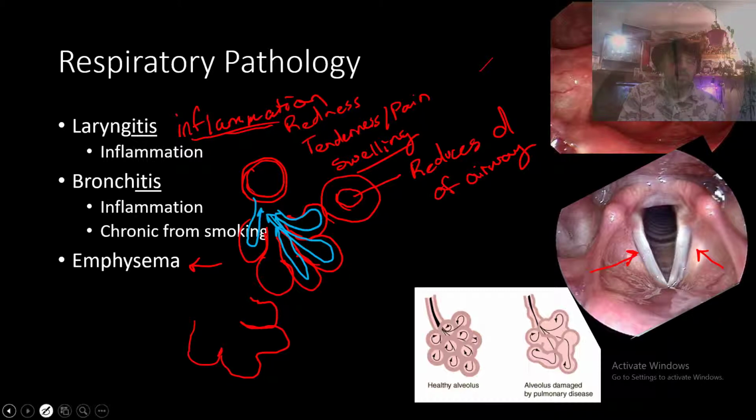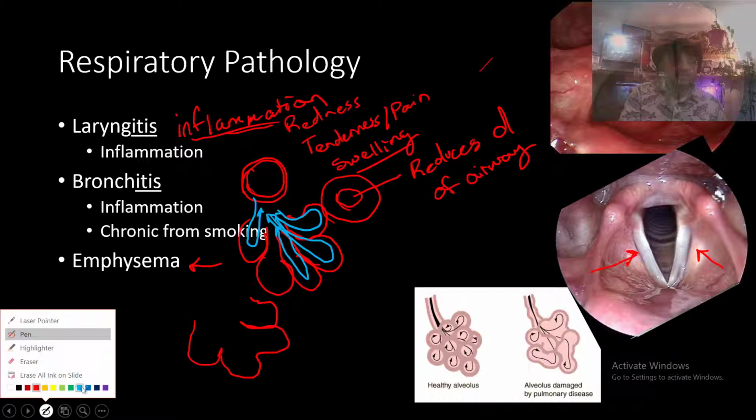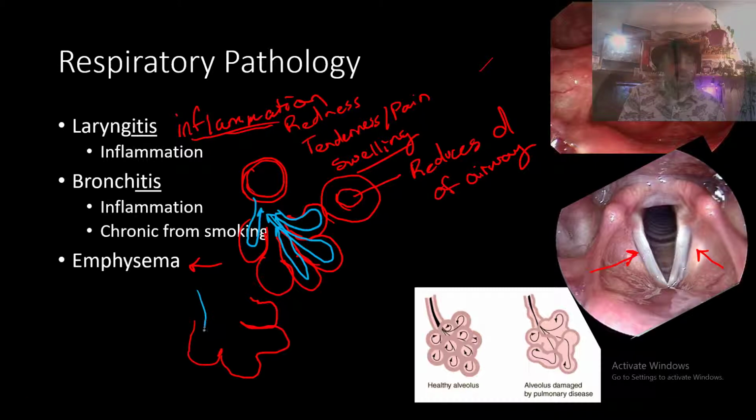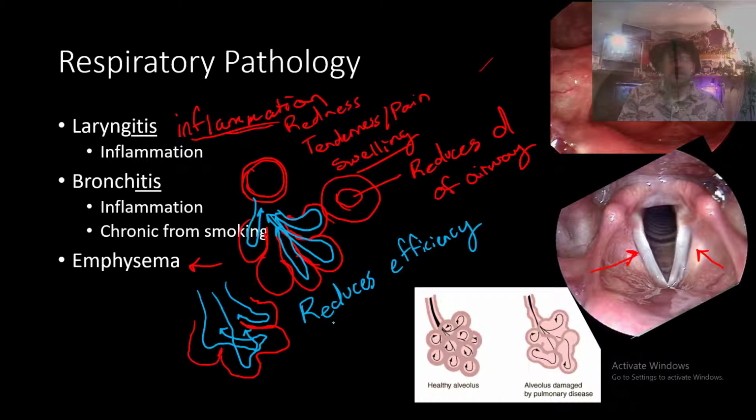Where once it was a nice, easy circulation, now there's no nice membranous guide to make airflow easy. So it reduces the efficiency of breathing. It basically reduces oxygen exchange.